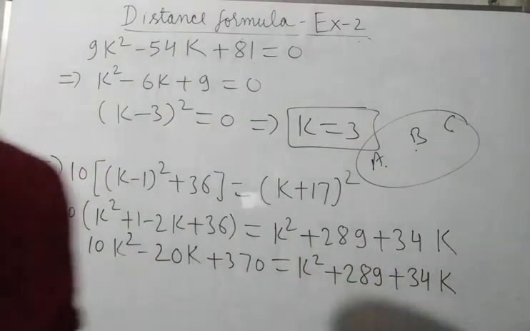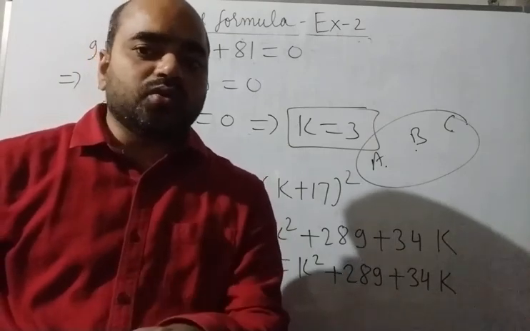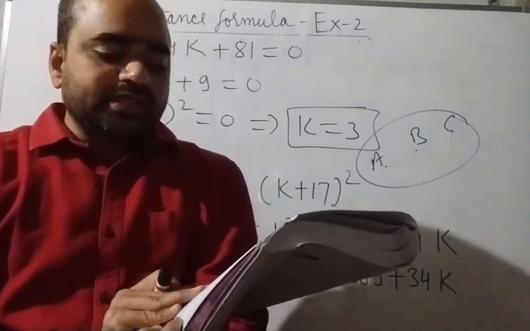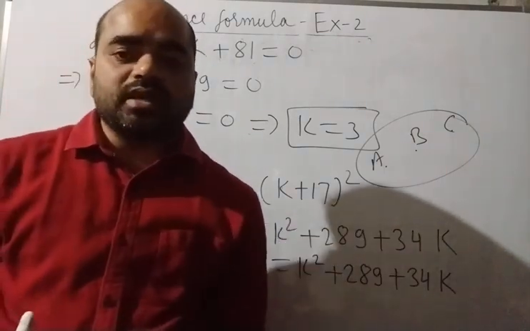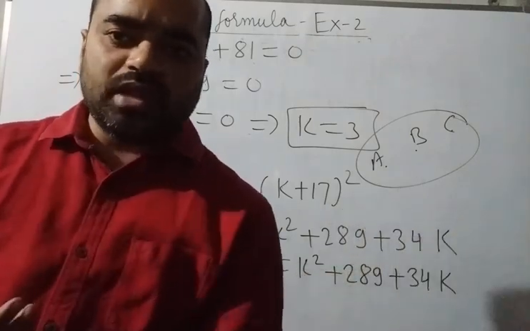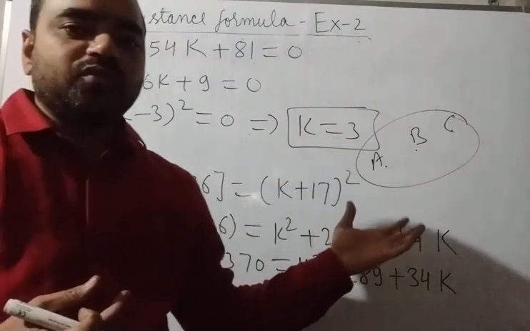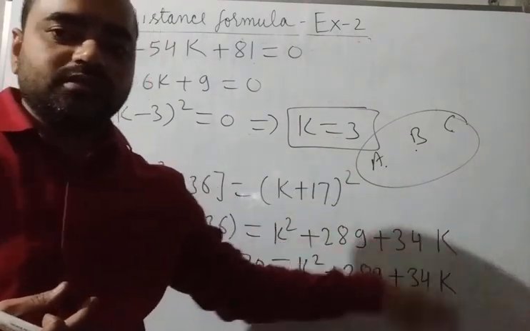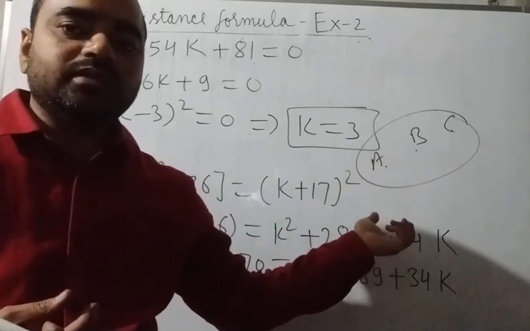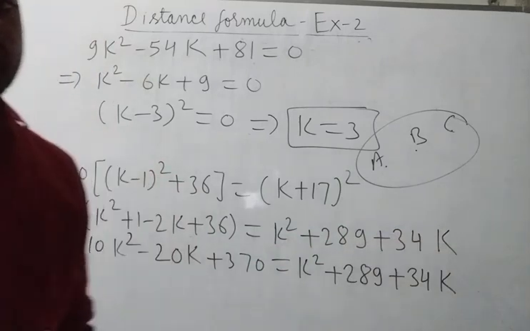But here what we have to prove? Prove that the points cannot be 3 vertices of a triangle. It means we only have to prove that the points are collinear. Indirectly it is asked. Correct? If we can prove the points are collinear, it means they cannot form a triangle. Why? For a triangle, 3 non-collinear points are required.